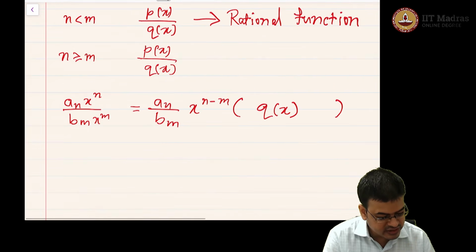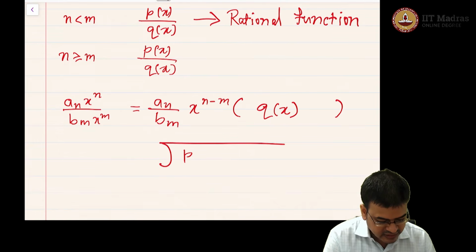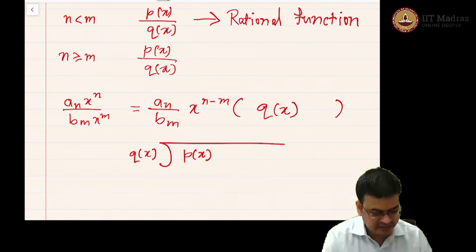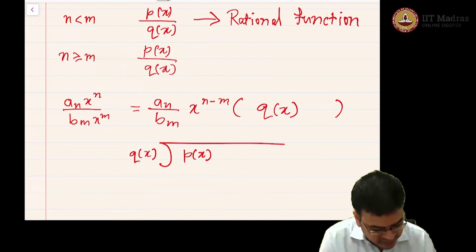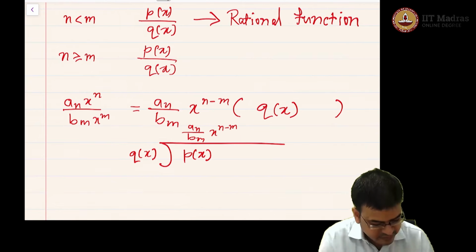In the nomenclature, p(x) is the dividend and q(x) is the divisor. I will first write the term a_n upon b_m x^(n minus m) as the quotient.